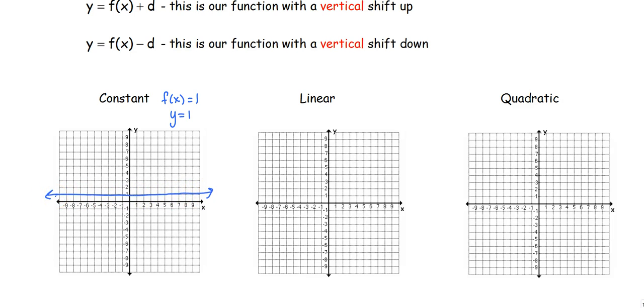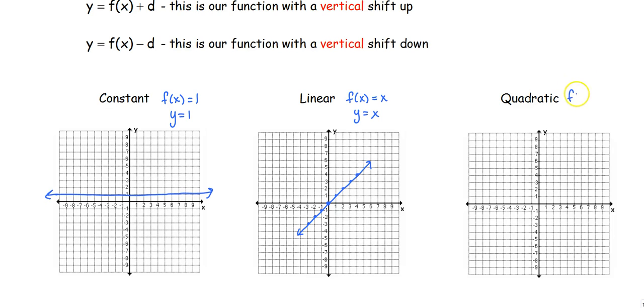You can also transform vertical lines, x equals, but for now we're just going to deal with that horizontal line at 1. A linear function is f of x is equal to x, which you're used to seeing as y equals x. Y equals x has a y-intercept of 0, a slope of 1, and you go up 1, right 1, or down 1, left 1. And that would be our linear parent function.